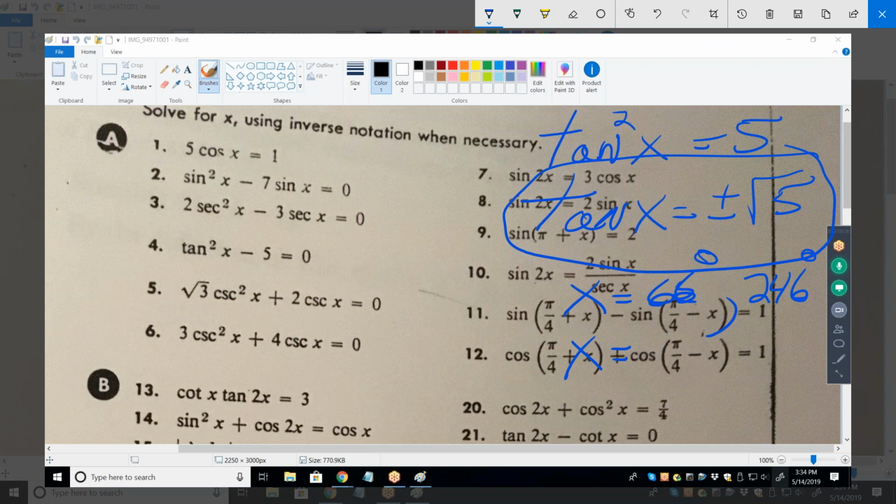And the second quadrant is what? Not 156. The second quadrant would be 114, because it is the supplementary angle to 66. And then the equivalent in the fourth quadrant?